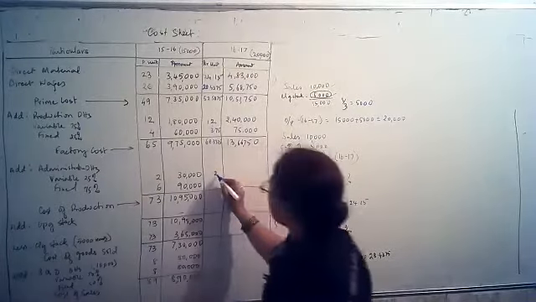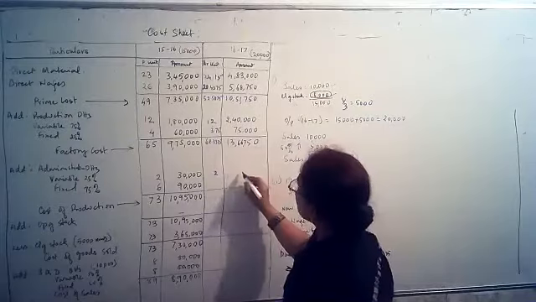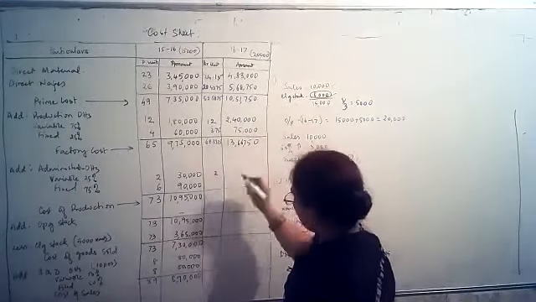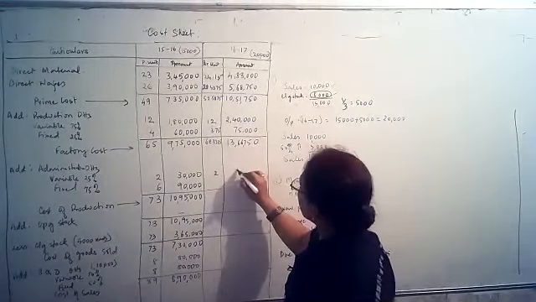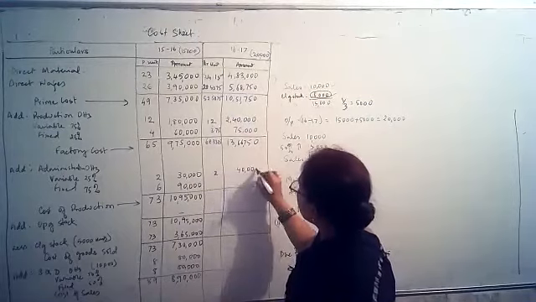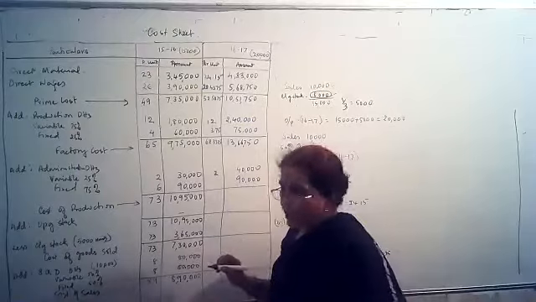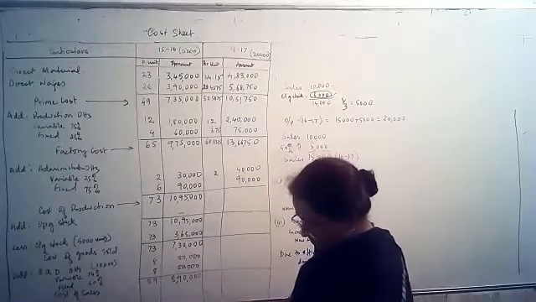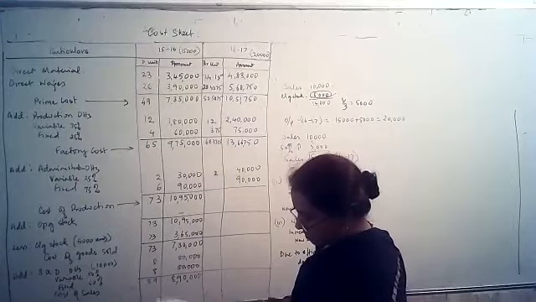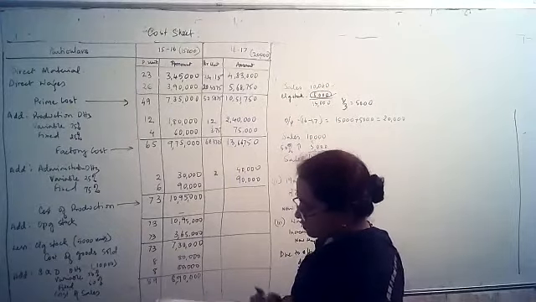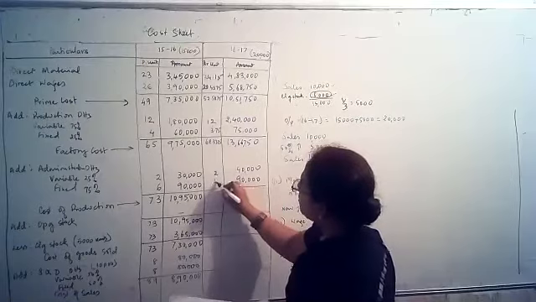So 2 into 20,000 will be 40,000. This will remain 90,000 only. So 90,000 divided by 20,000 will be 4.5.